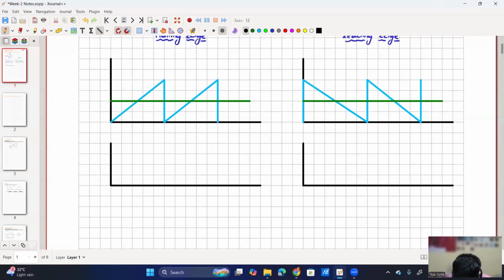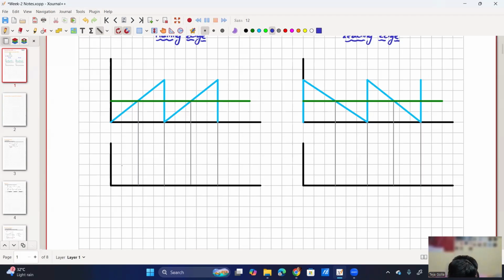In this case, on the left hand side or on the right hand side as well, when the control voltage is higher than the sawtooth, then the output will be 1, otherwise it will be 0.